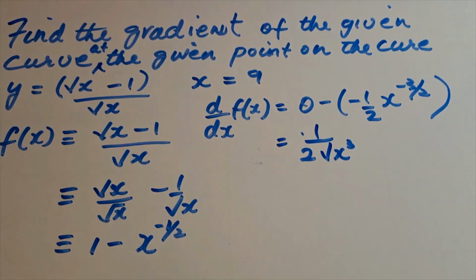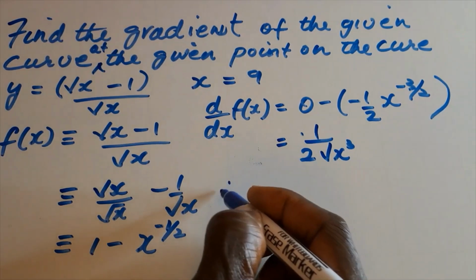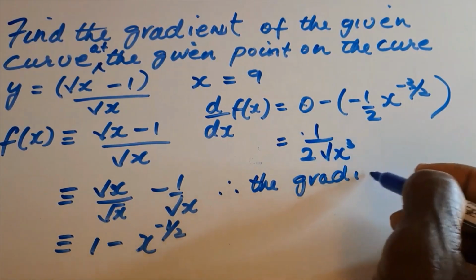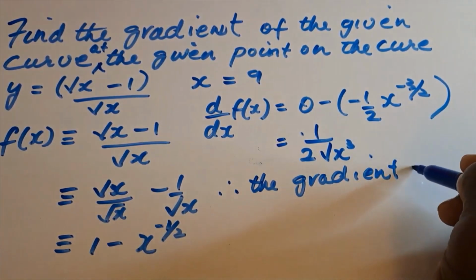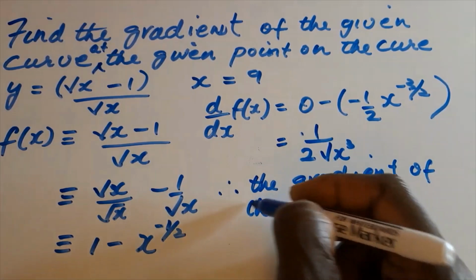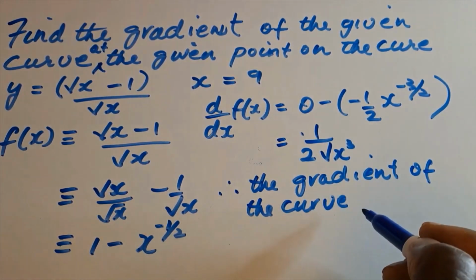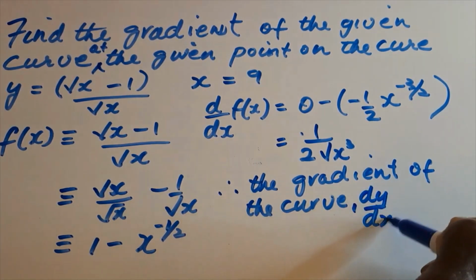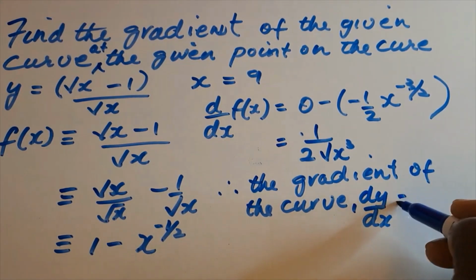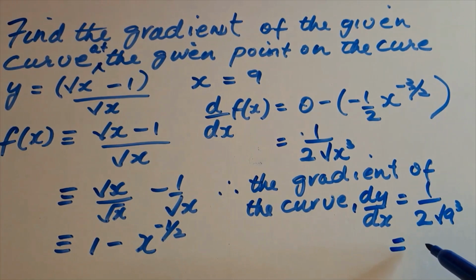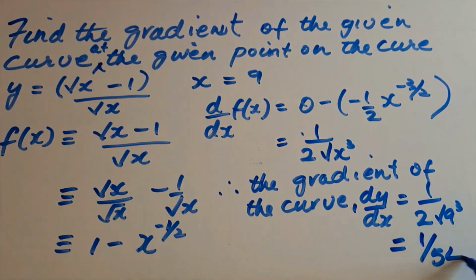equal to 9. So therefore the gradient of the curve, which is dy dx, is equal to 1 over 2 root 9 cubed, and this is equal to 1 over 54.